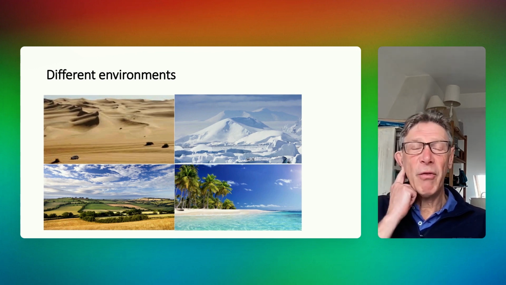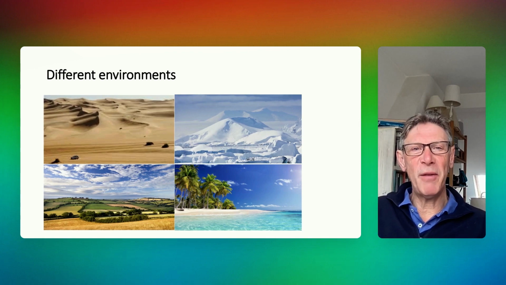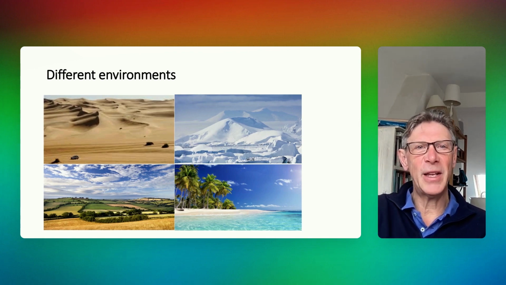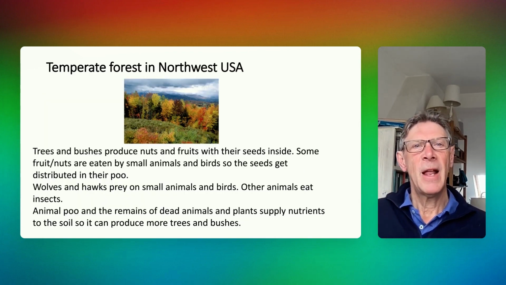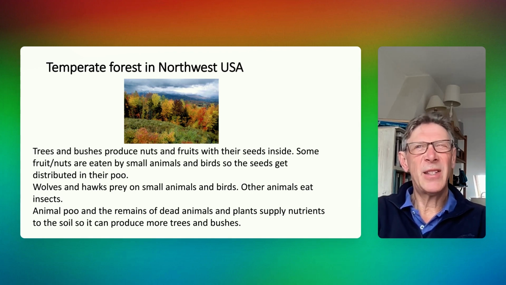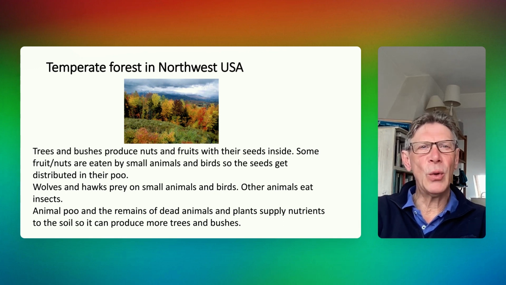And on the right, you've got a tropical environment too, a very different ecosystem. In America, there is an ecosystem called the temperate forest. So that is an area of forest where the climate is neither warm nor cold. It's kind of in the middle.